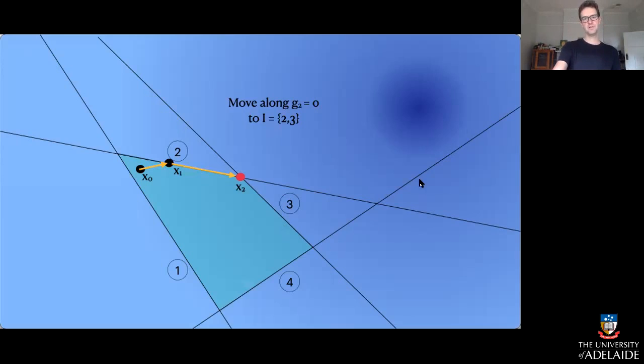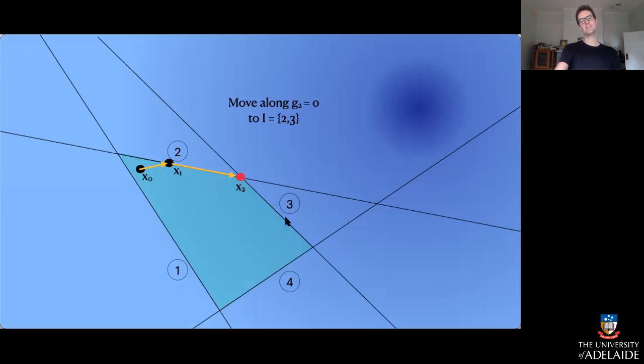And now, if you imagine level curves for this surface here, you can probably imagine that we can do slightly better. We can still head slightly downhill on this overall cost surface if we move along constraint 3.